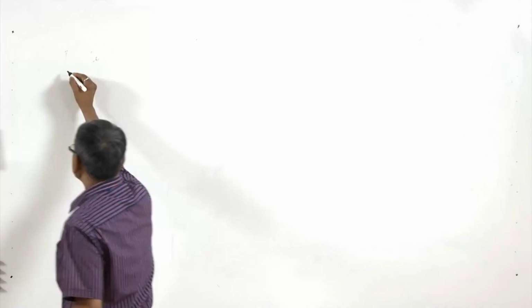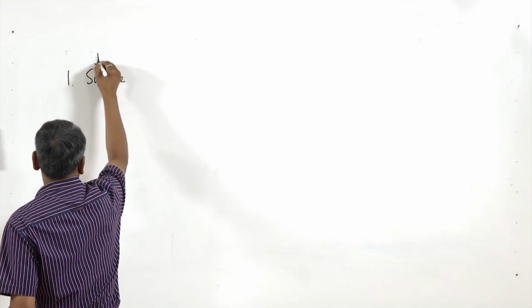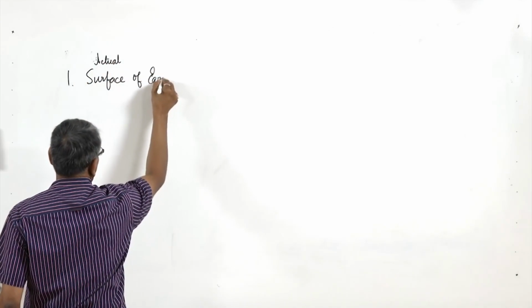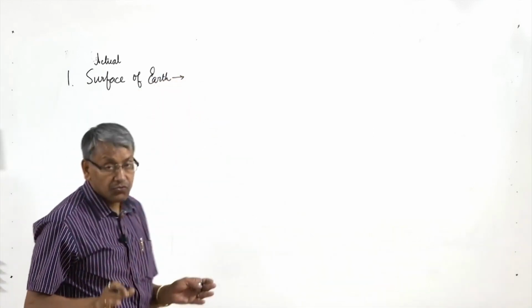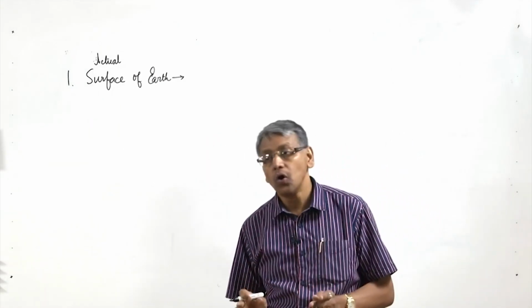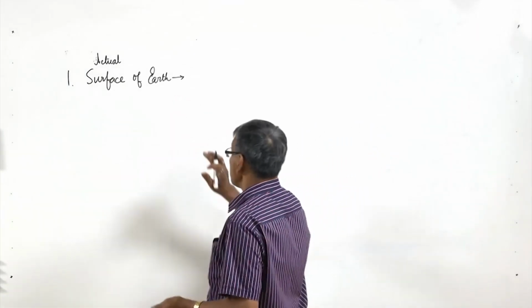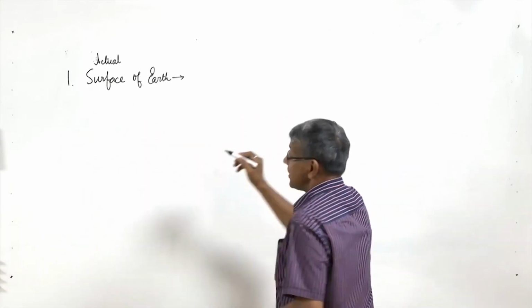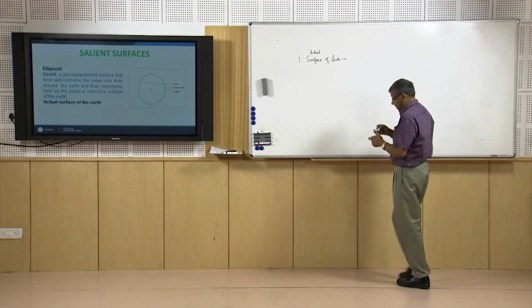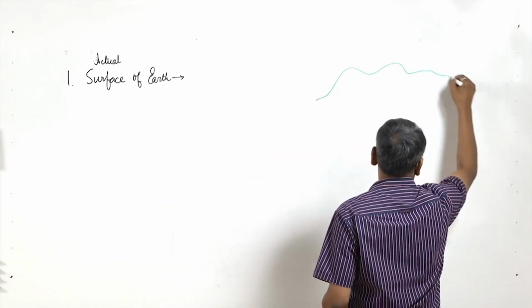The first one is the actual surface of the earth, because all our activities are carried out on this surface, and we are interested in the position of any point on it. It is the most important for us, but this surface is very much undulating in nature.